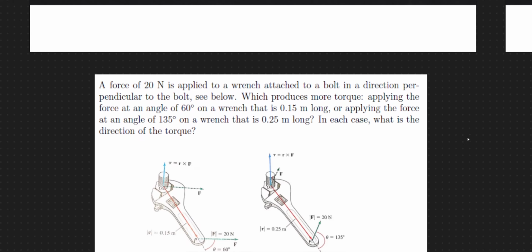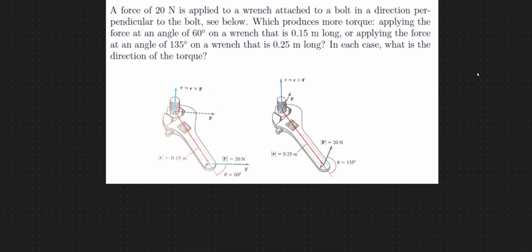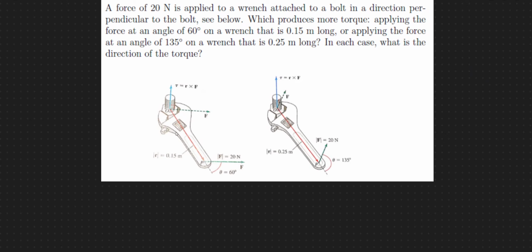So let's look through an example here. Here we have our familiar system, and we're given some figures. A force of 20 newtons is applied to a wrench, perpendicular to the bolt. The question is, which produces more torque?